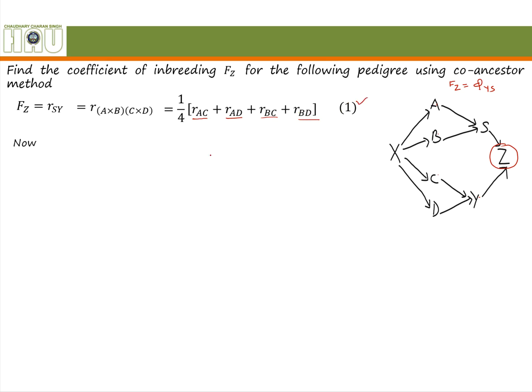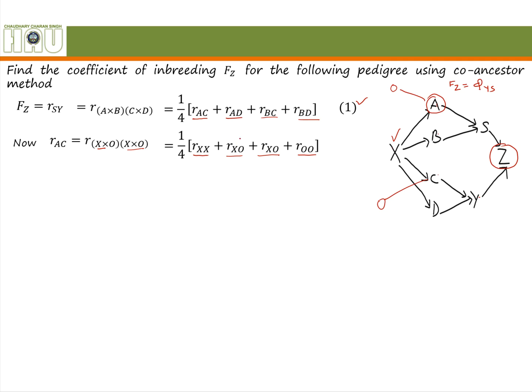Now let us start with RAC. A and C. The parent of A is X, but the other parent I don't know, so I put it as say O. Similarly, C has one parent X and the other parent can be put as O. So RAC can be written as R of XO, XO, and it is given by 1 by 4 of RXX plus RXO plus RXO plus ROO.